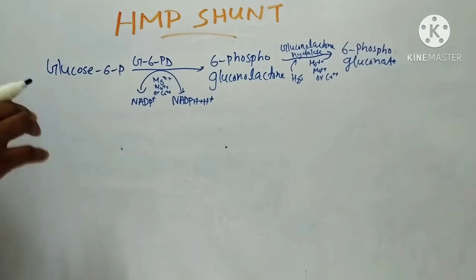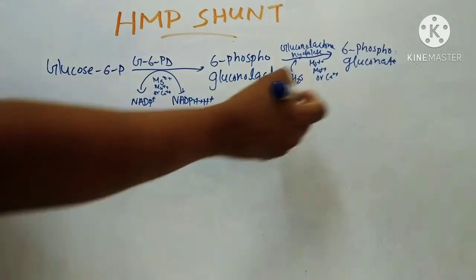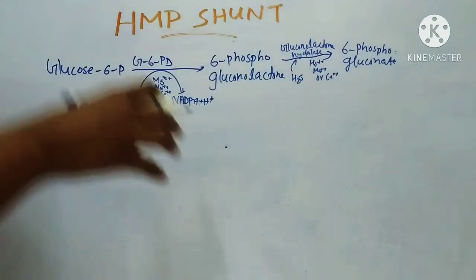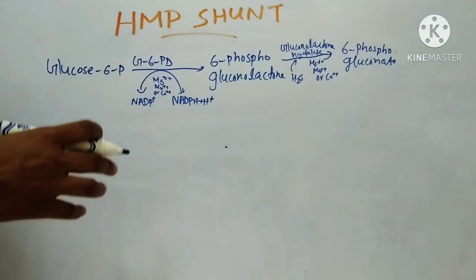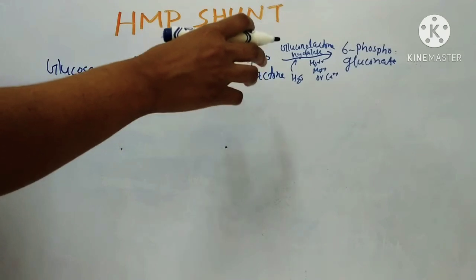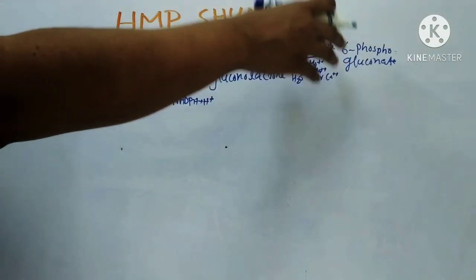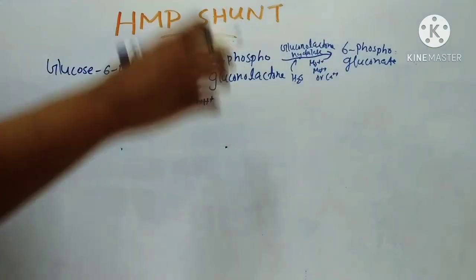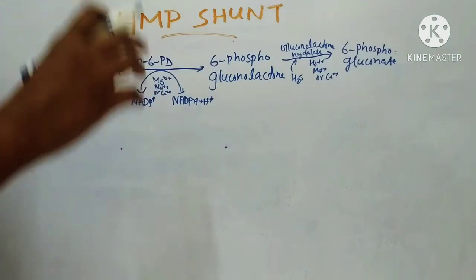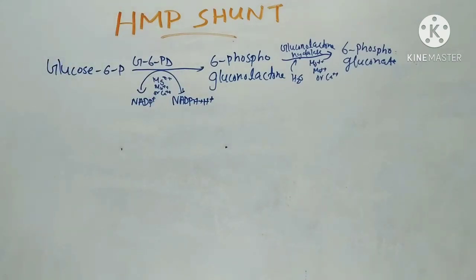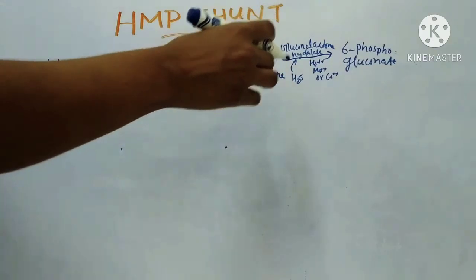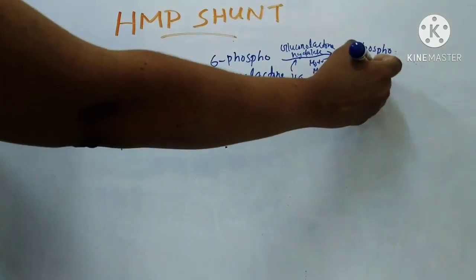Then the second step in the oxidative phase takes place in two steps. The first step is that 6-phosphogluconate is converted to 3-keto 6-phosphogluconate by the enzyme phosphogluconate dehydrogenase.